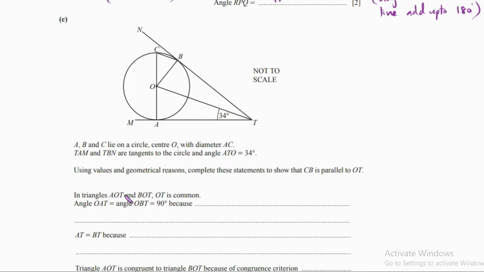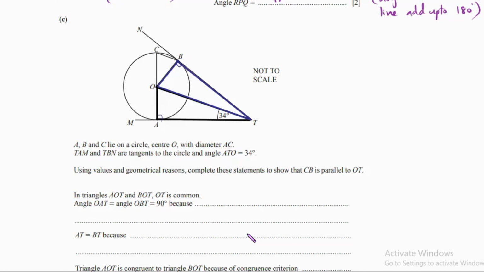In triangle AOT, so this is the triangle that they're referring to, and the triangle BOT, so this is the other triangle, OT is common, because both the triangles are sharing that side. Angle OAT, that is this angle, and this angle OBT, they are equal to 90 degrees.